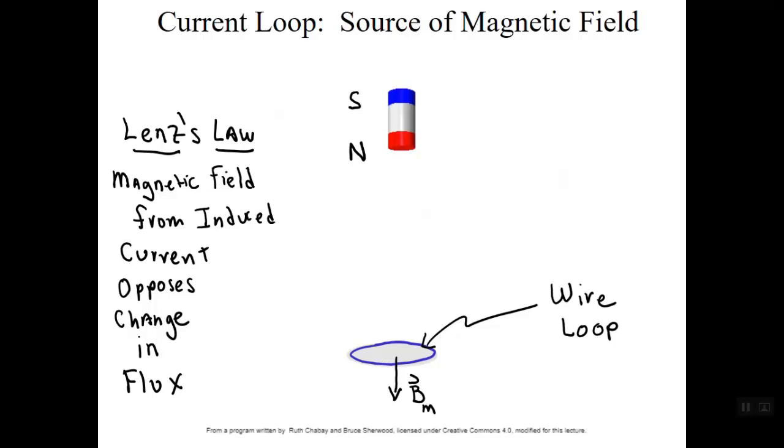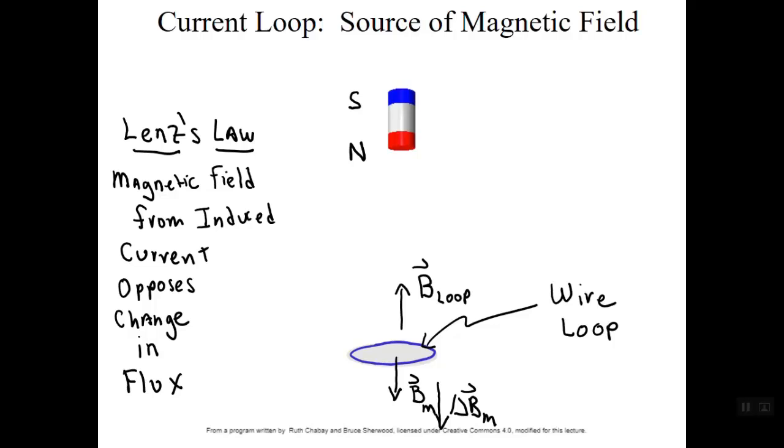As we discussed before, in this particular situation, as the magnet falls, the magnet's B field, vector B sub m, is increasing downward, which means the flux is changing by increasing downward. Lenz's law says that any currents induced by this changing flux will produce a second magnetic field that tries to oppose this change in flux.